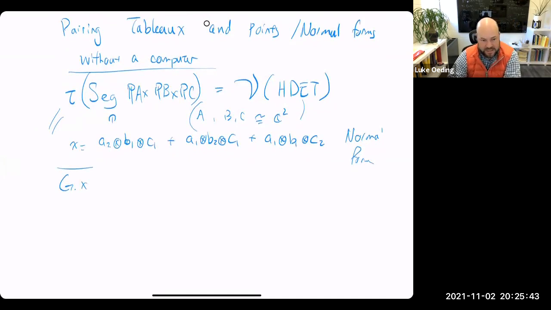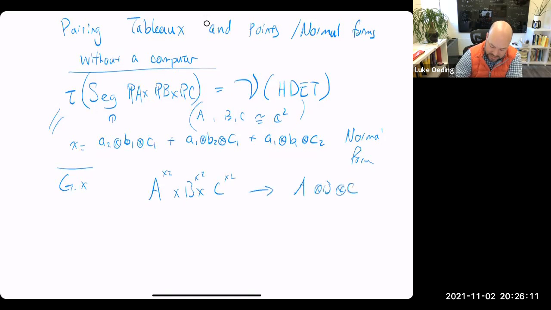Here the A's could be taken as basis vectors, but I have two perspectives on this. I could also think of the A's, B's, and C's as parametrized vectors. So I have a parameter space, which turns out to be PA cross PB cross PC again, or I could just do A cross B cross C, and I could do two copies of this. Then I can map this into A tensor B tensor C, where I just take A1 and A2, B1 and B2, C1 and C2, arbitrary pairs of vectors in each, to this form X that depends on the A's, B's, and C's.